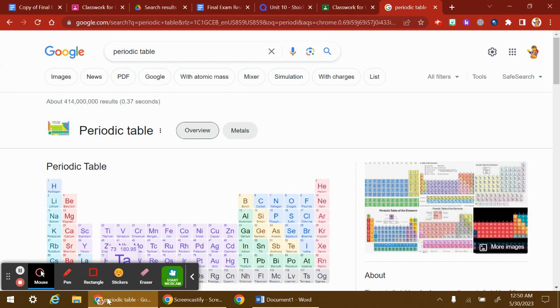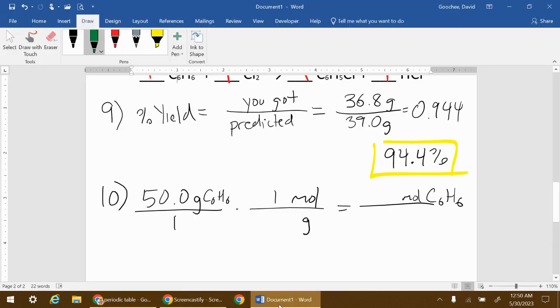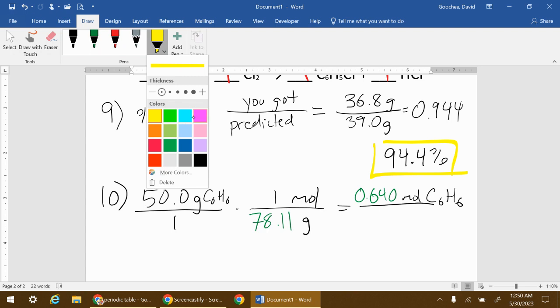And we get 78.11. So 50 divided by 78.11, and we get 0.640 moles of benzene.